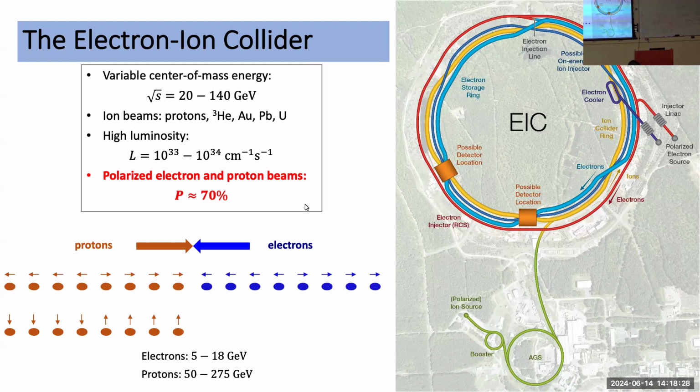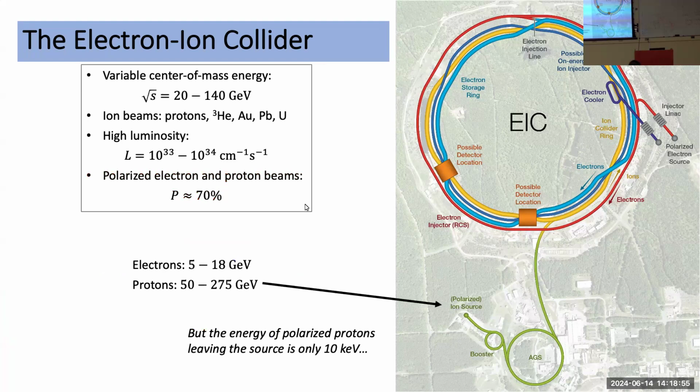So the way you do this, basically, you want protons polarized longitudinally or transversely with about 50 to 275 GeV. 50 GeV is close to injection. Electrons preferentially longitudinally, and bring them to collision in the first detector, which will be down here in IP6.